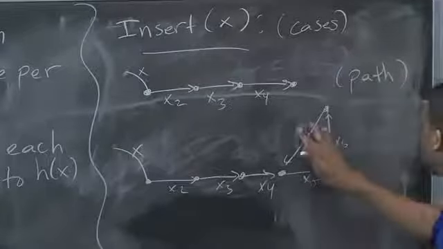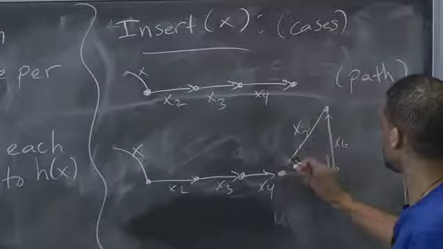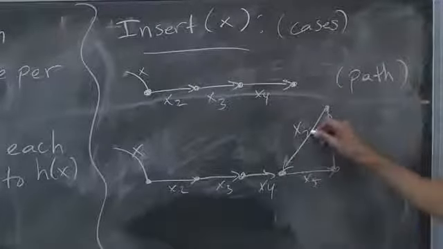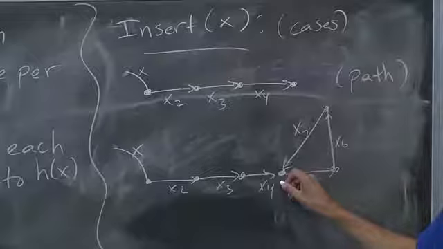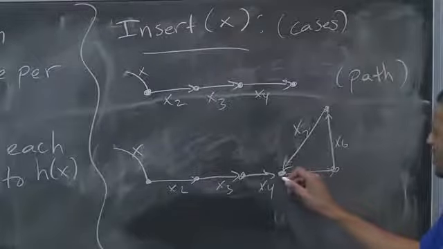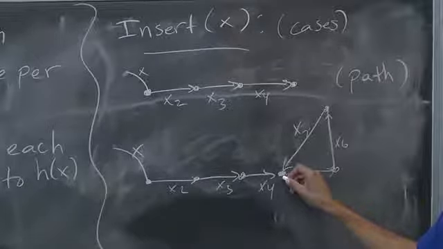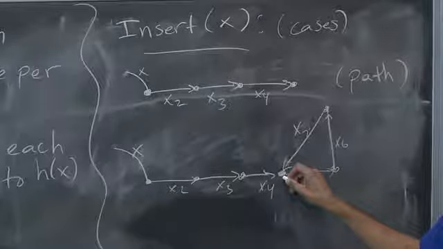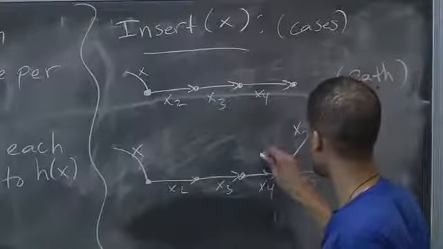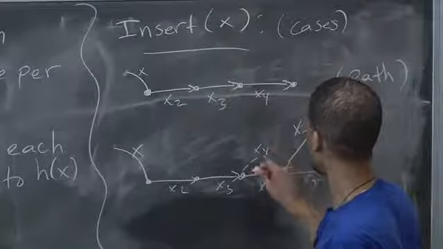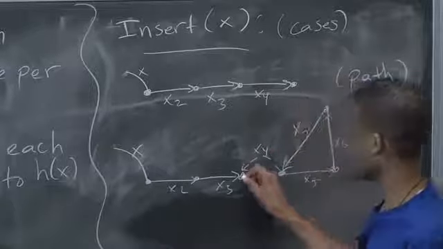So now x7 wants to go back into where x4 moved. Just so that we're all on the same page with how the algorithm works, what will happen now? x4 will go back, exactly. So now x4 will go back. And then that's going where x3 was.